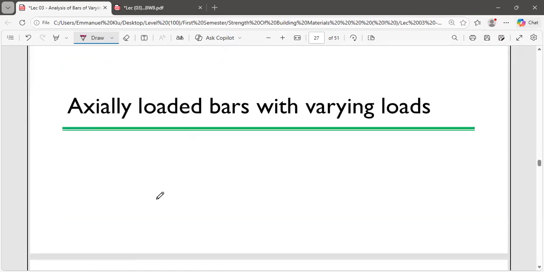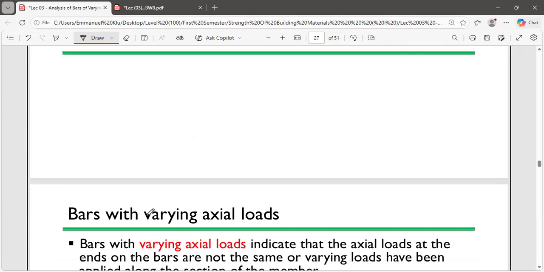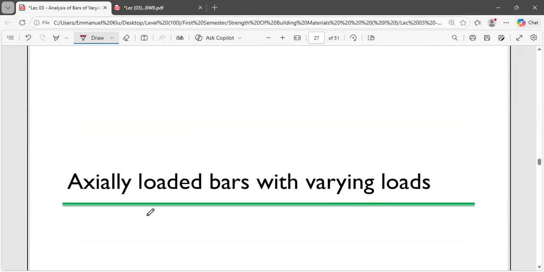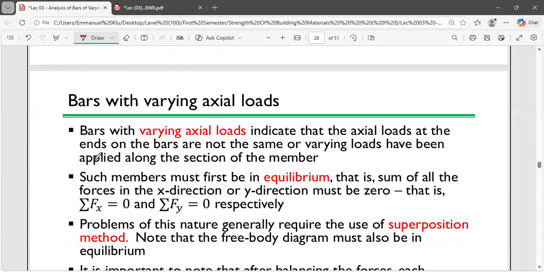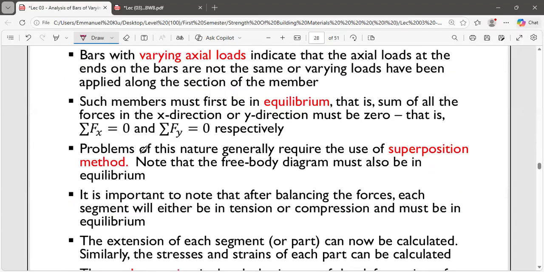The one I want us to look at, particularly, is the axially loaded bars with varying loads. Now we can continue. Bars with varying axial load indicate that the axial loads at the ends of the bar are not the same, or varying loads have been applied along the section of the member.